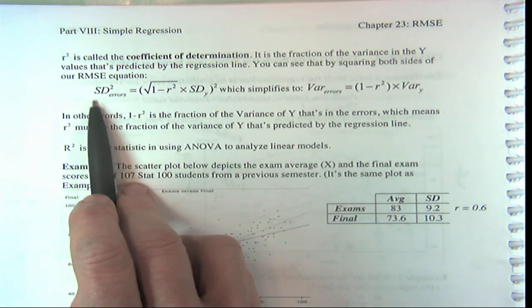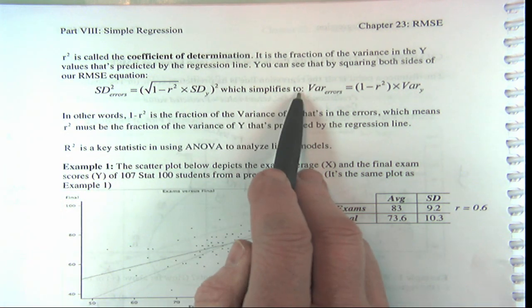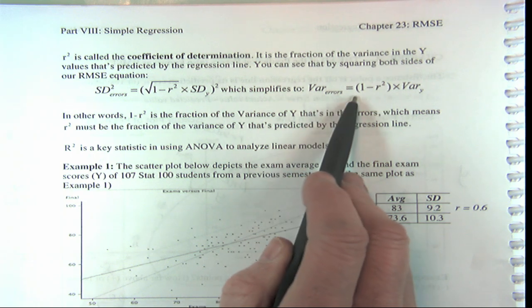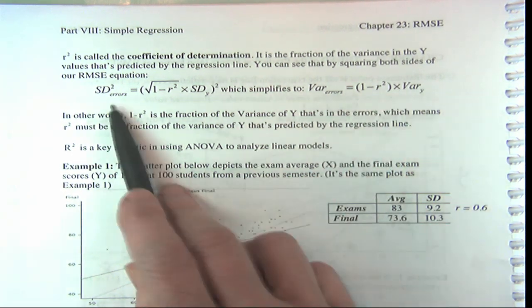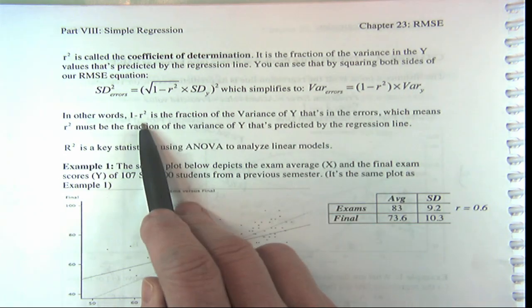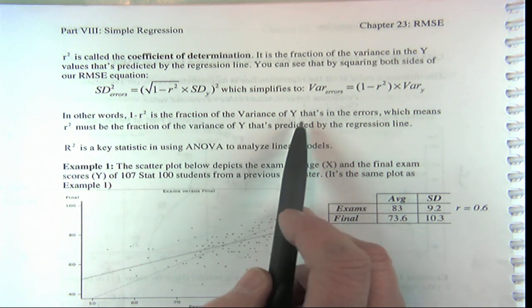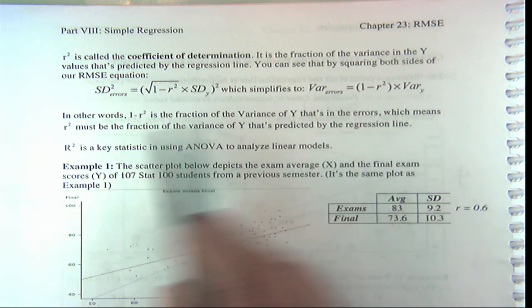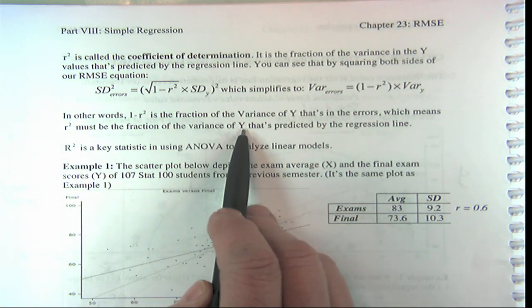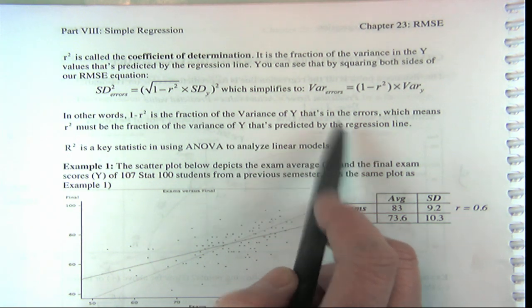If you square the standard deviation of the errors and you square this side, you'll get the variance of the errors, which is equal to 1 minus r squared times the variance of y. So 1 minus r squared is the proportion of the variance of y that's in the errors, which means that r squared must be the fraction of the variance of y that's predicted by the regression line.